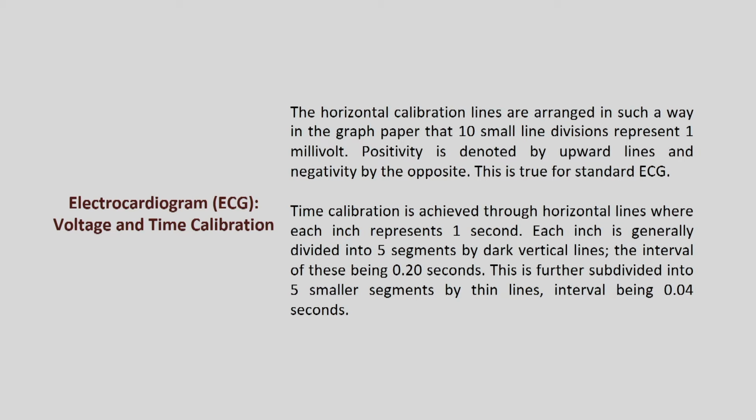As soon as you finish this class, pick up any ECG recording plate available with you and try to understand what these lines mean and how you can identify these values. Then only you will start interpreting your own data.